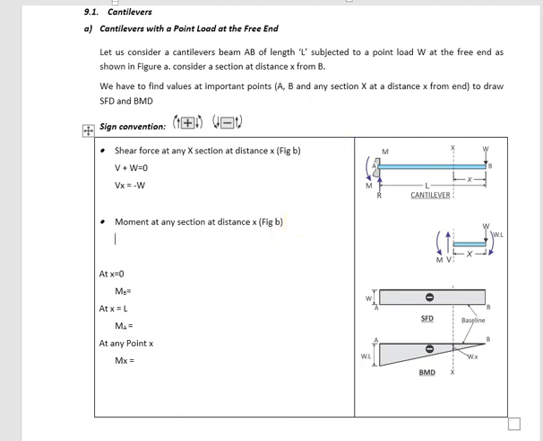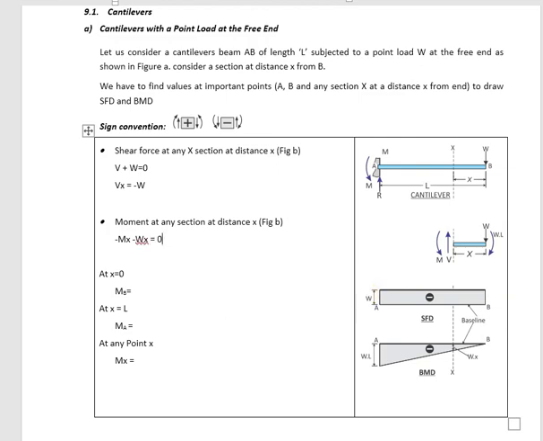So bending moment at point x, this bending moment is in this direction, so the value will be minus. Now we will reach this point, so W into x, and that also is going to be minus, as this sign convention is in the negative direction, so minus W into x equal to 0.